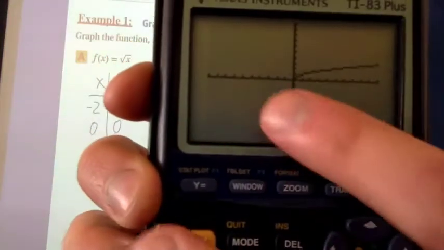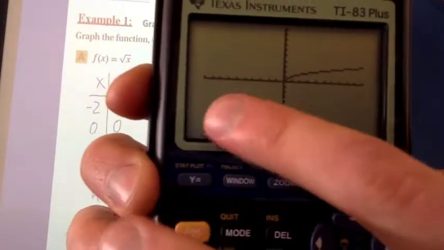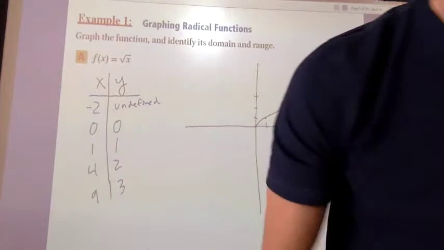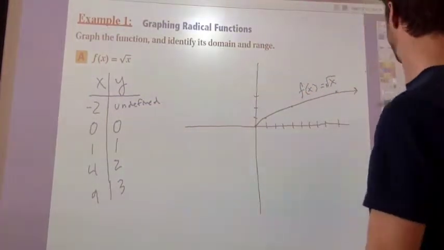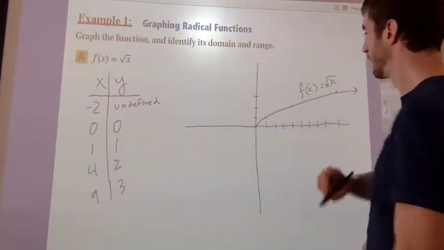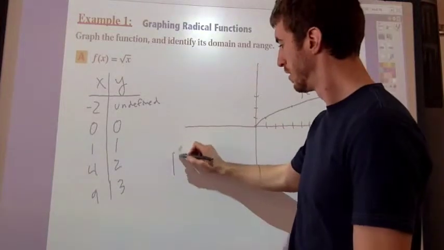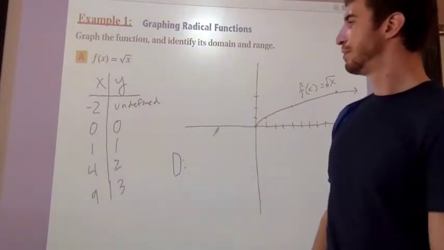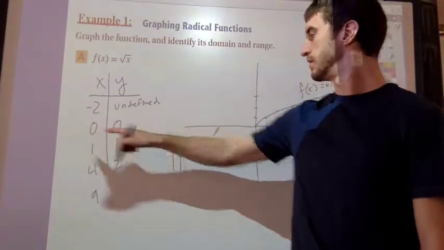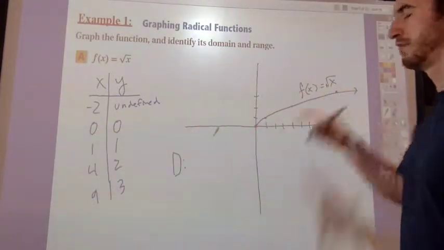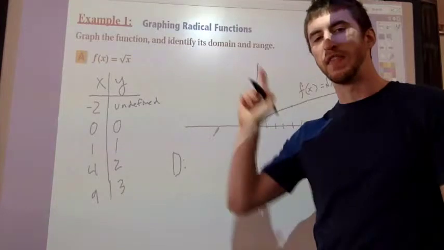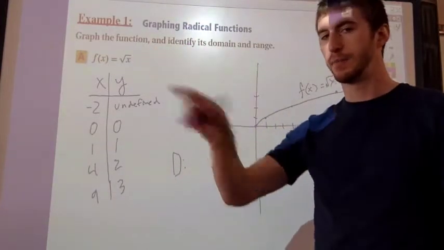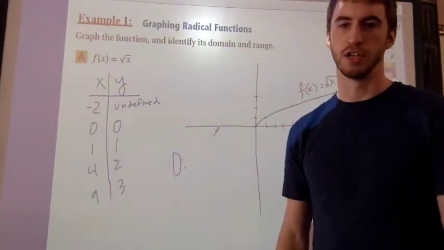And notice there are no negative values for x. So the domain and range. The domain of this is going to be from 0 all the way to infinity, because on the left side of 0, all those negative numbers, the function is undefined there.